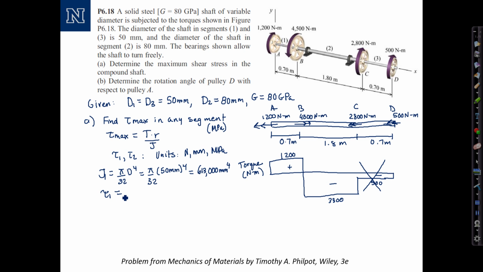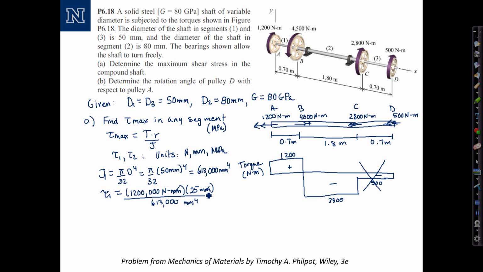Therefore, tau 1 equals T. The torque is given in Newton meters, so I'm going to convert that to Newton millimeters by multiplying by 1,000. 1,200,000 Newton millimeters times the radius, half of the diameter, 25 millimeters, divided by this J value, 613,000 millimeters to the 4th.